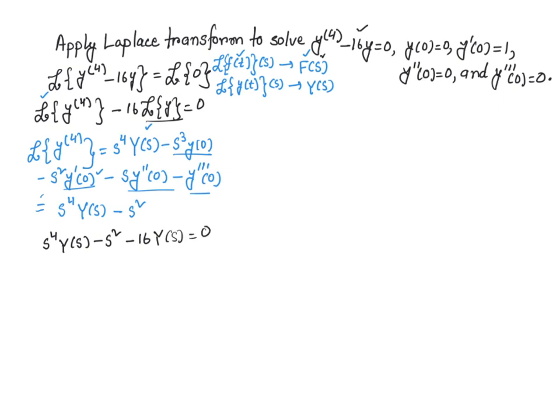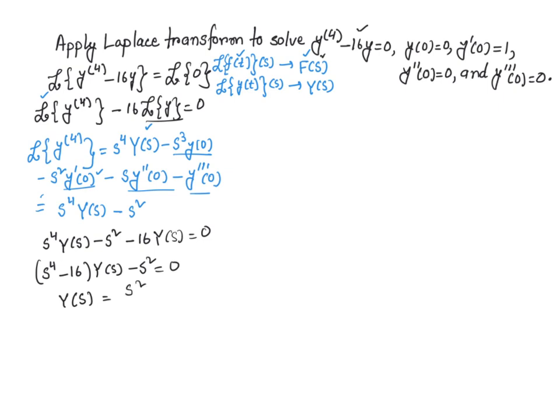Now let's get things straight here. s to the power 4 minus 16 times Y of s minus s square is equal to 0.